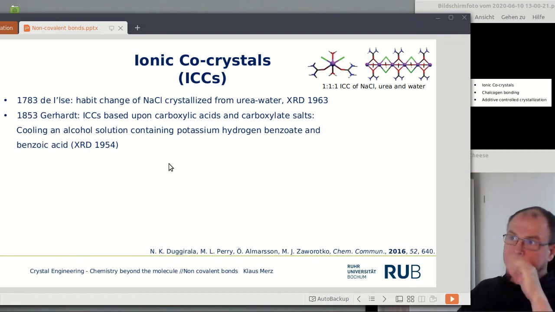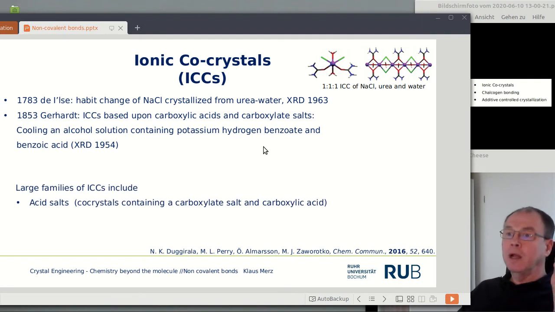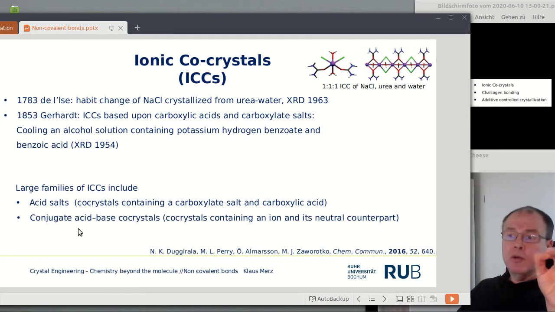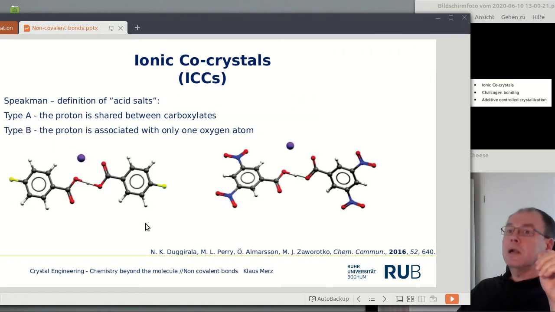Okay, let's talk about this class of crystals. First of all, they include acid salts as a co-crystal, exactly what we found in the middle of the 19th century, and conjugate acid-base co-crystals. There's a definition of acid salts from Speakman.